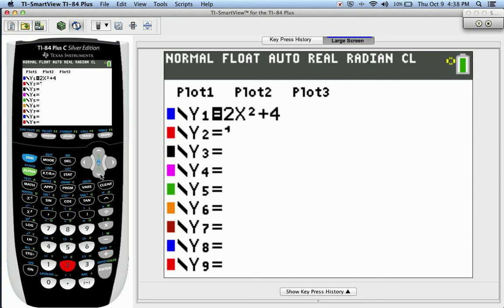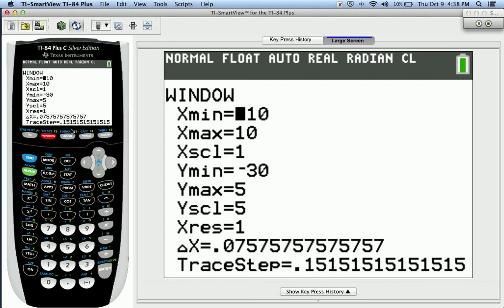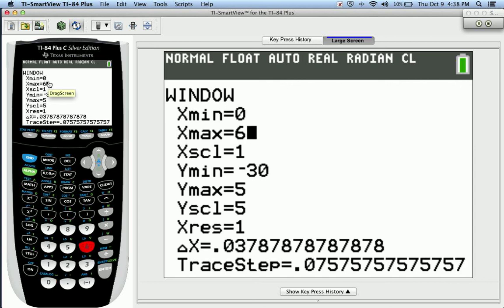I'm also going to type in 12x plus 14. Now my window. I know this is when x equals 3, and we found our y value to be 22. So my window needs to include the point (3, 22). I'm going to go from 0 to 6. That puts 3 right smack in the middle.